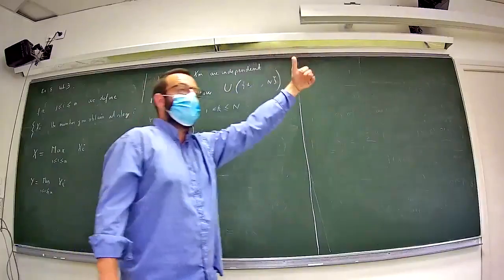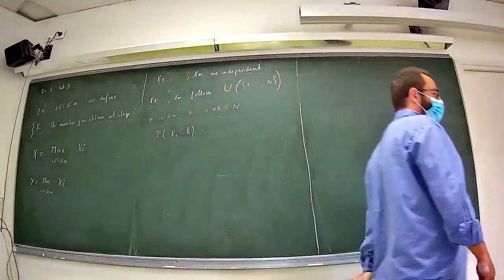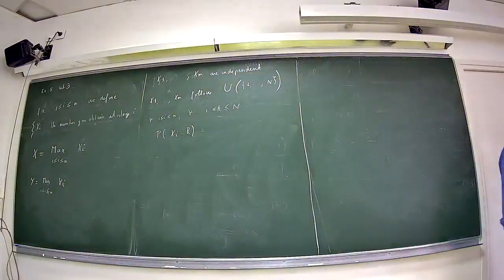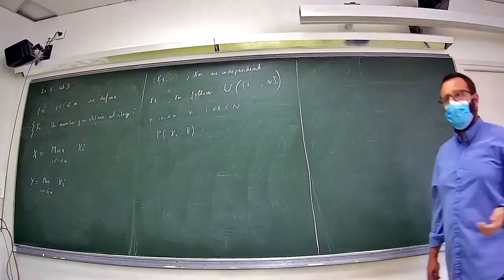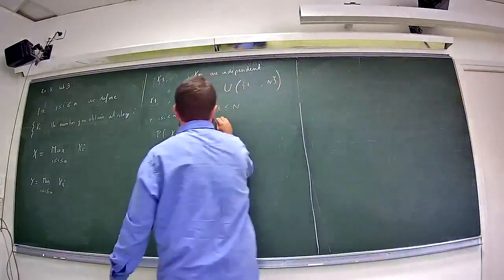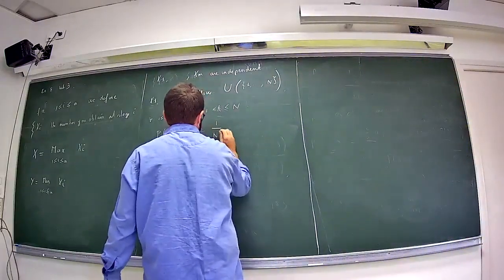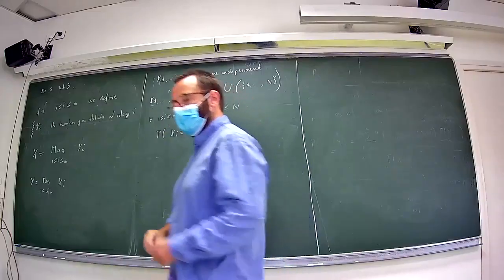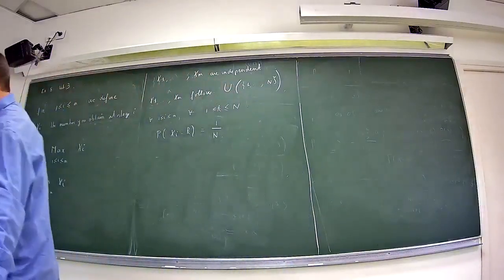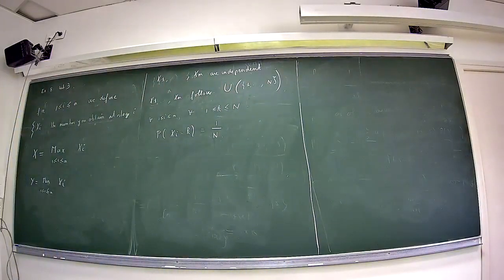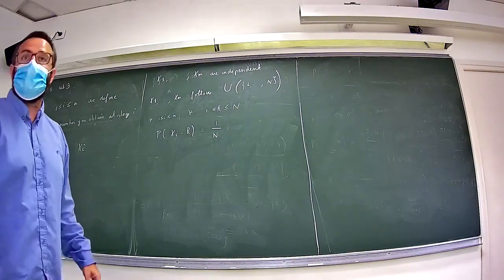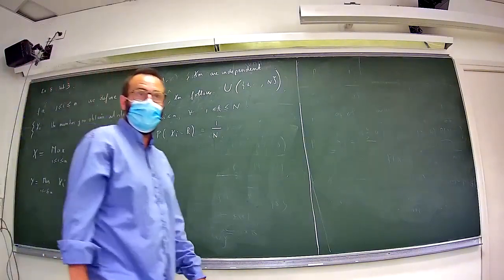What is the probability for each element to occur? 1 over the total number of elements, and here it's capital N. Okay. I have this one. So here for the moment I have said nothing. I have just translated the statement in order to have something that is clear. In fact, I have all this information in my statement.